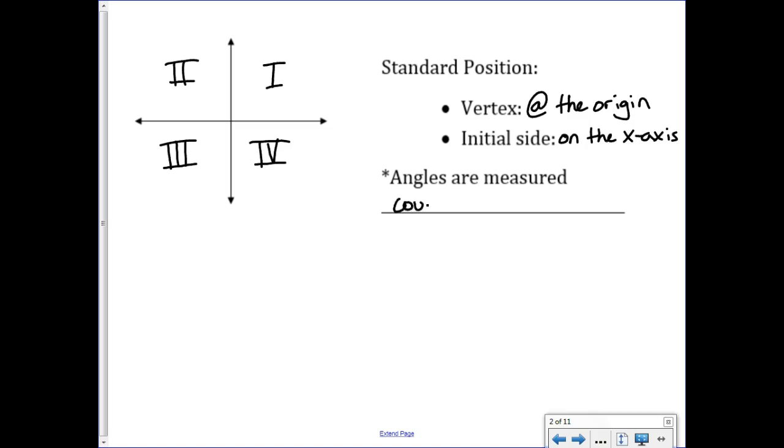That's the standard direction that we measure. So for example, if we start here at the origin, there's our initial side. This side is what we call the terminal side. And we would measure that from that x-axis around to that side.